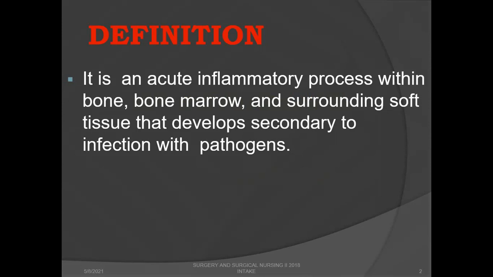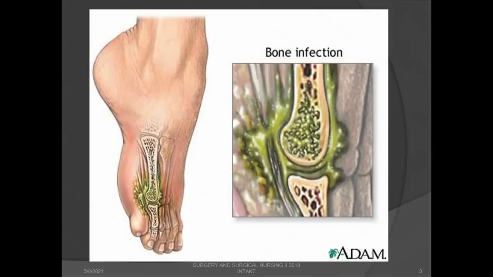It comes about due to infection with pathogenic organisms and causes the bone marrow and surrounding soft tissue to inflame. This is the bone and the bone marrow inside, showing the green stuff, and the surrounding tissue over here. So this is showing that the bone is inflamed, even the bone marrow and the surrounding tissue.